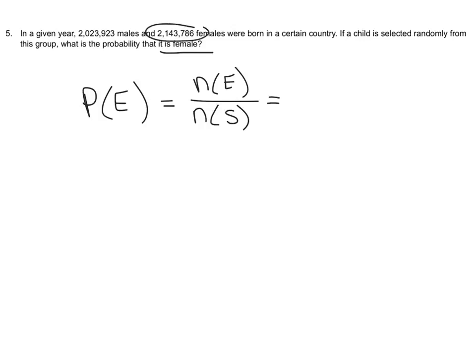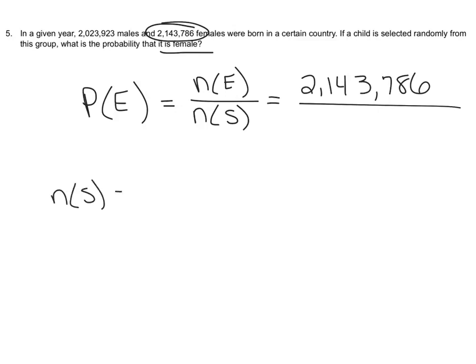And our problem tells us there are 2,143,786 females. So this is our numerator of our probability. And the denominator is the total number of males and females. So the denominator is found by adding the number of males, which is 2,023,923, plus the number of females.